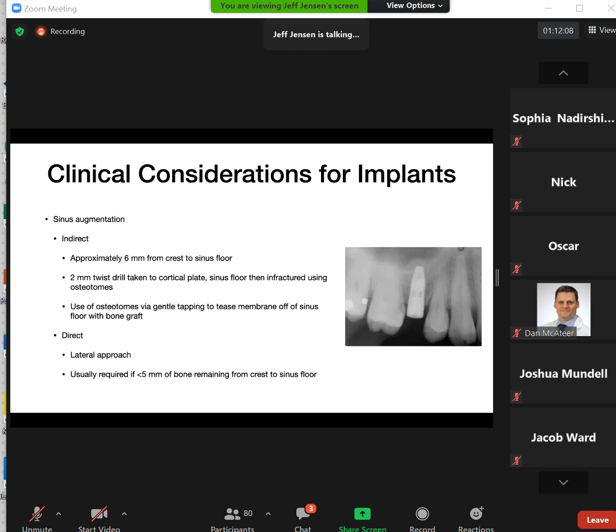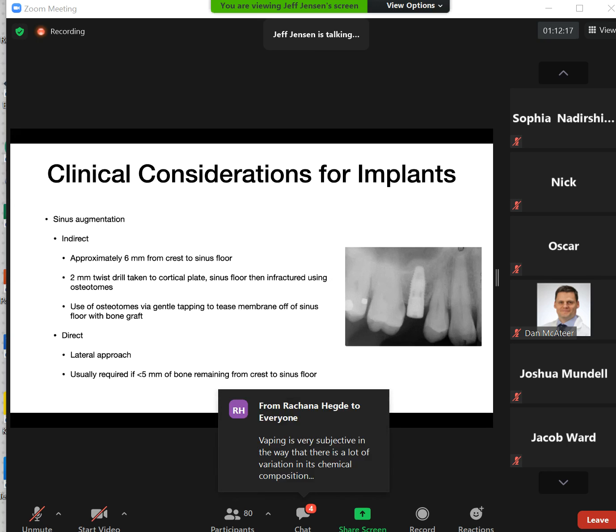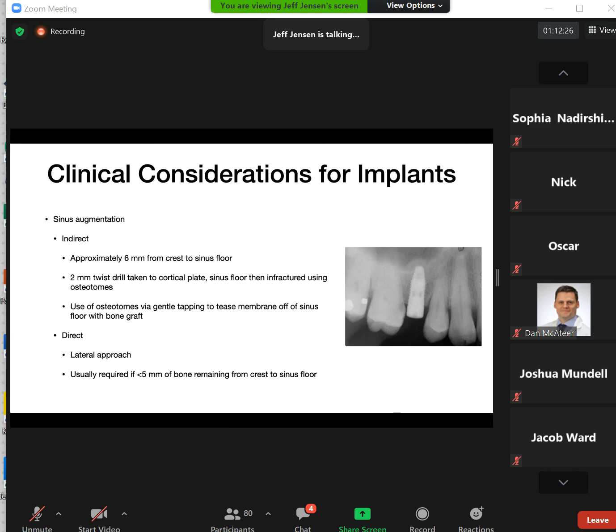We're not trying to smash it and hit them really hard, but as we do that, we tease that membrane up, and then we can actually place bone through our osteotomy, as you can see in the picture, to create a little dome, which then our implant can be placed into, and it has a little bone at the apical portion there. There are other techniques and drills that we can use to do this, and that kind of push up into the sinus rather than just cutting away. But the classic approach is to use the osteotome.